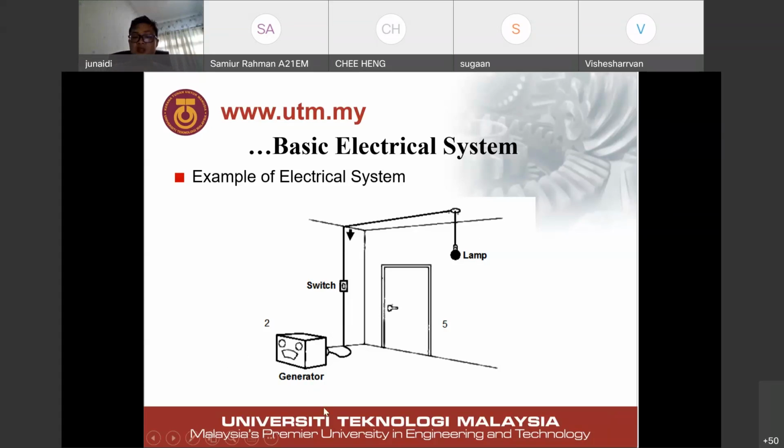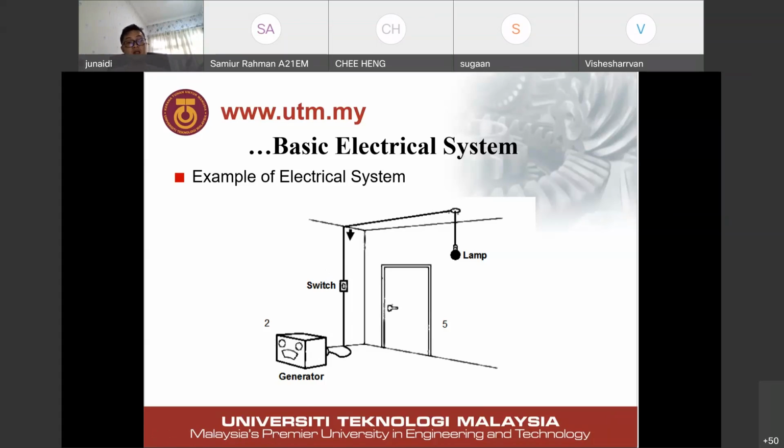So this generator is replaced by Kenyir Lake, for example, which uses hydroelectric to produce electricity, and this is the transmission line. The transmission line is very long, from Kenyir to Skudai, for example, about 300-400 kilometers away.